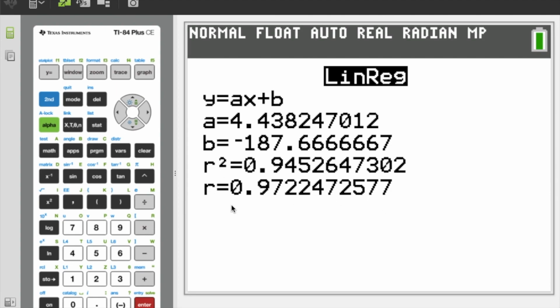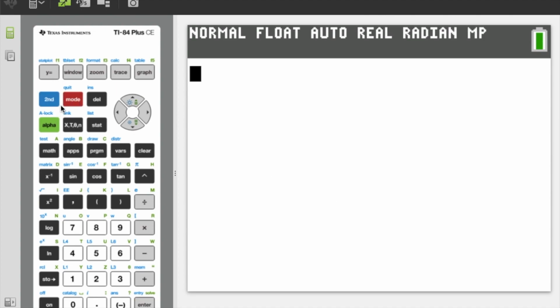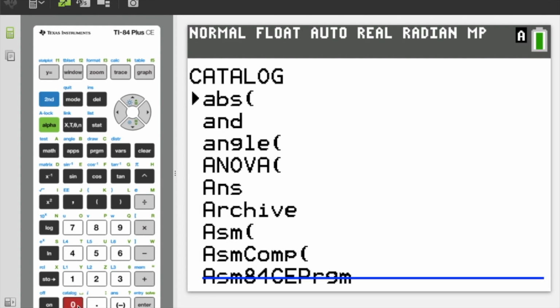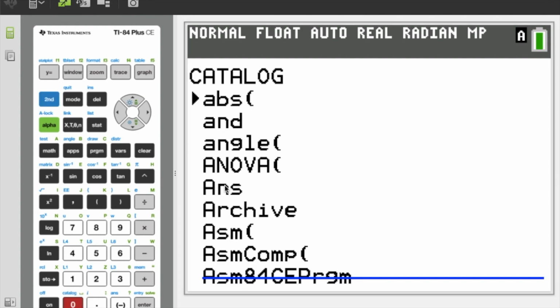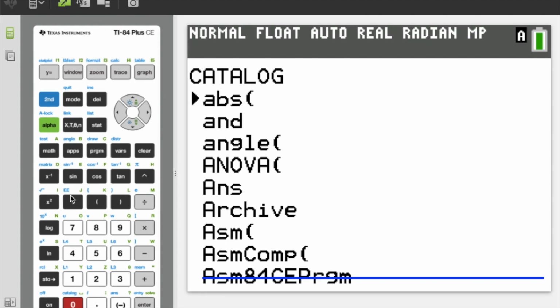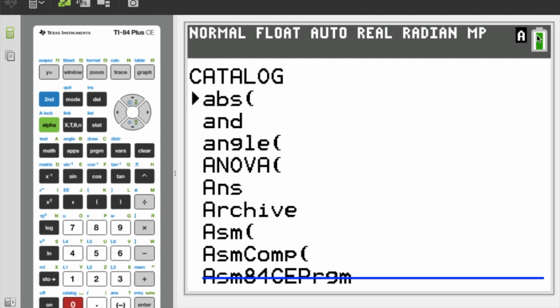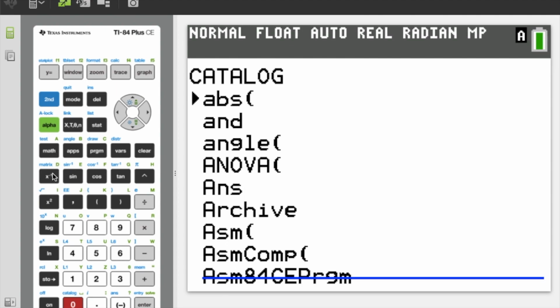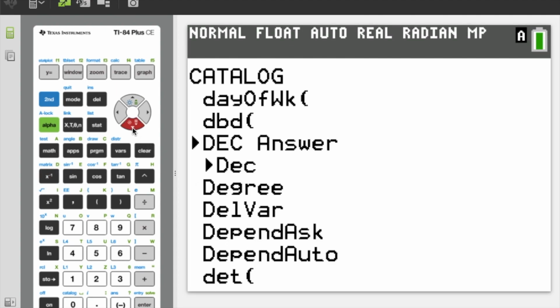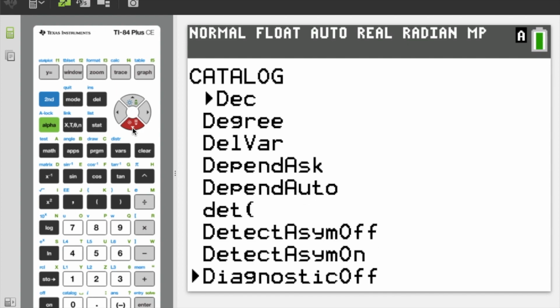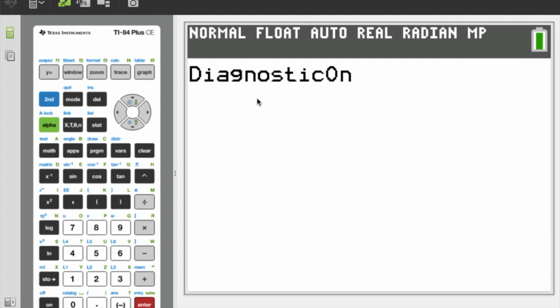Now, for some of you, if you haven't done anything like this before, R and R squared will not show up right away. So to turn this on, it's a little bit of a pain, but we're going to go to second and then catalog, which is the 0 key. And we need to go all the way down to something called diagnostic on. To save some time, you can see that my alpha lock has been turned on, so I can just click the D for diagnostic and scroll down until, there it is, diagnostic on. I'm going to press enter. It's going to say done.